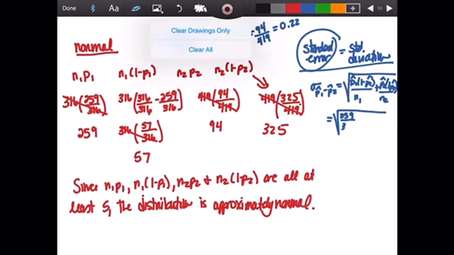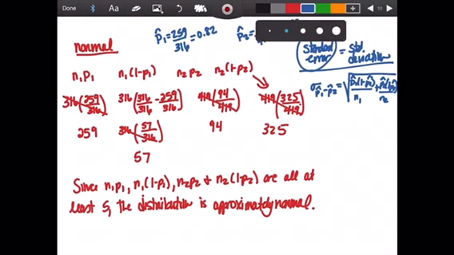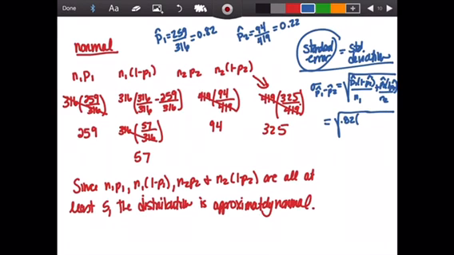So if we go back up here, let's go back a step. Let's calculate: p hat 1 is 0.82. 1 minus 0.82 is 0.18 over my sample size n1, plus p hat 2 times 1 minus p hat 2, which is 0.78, all over 419. So our standard error comes out to be 0.0296.